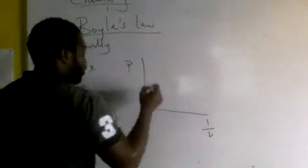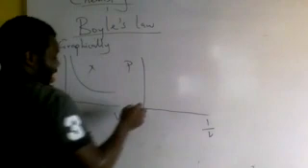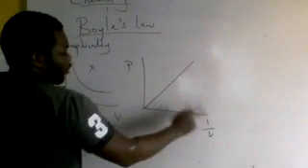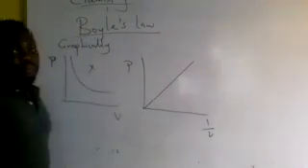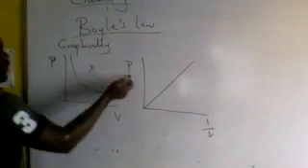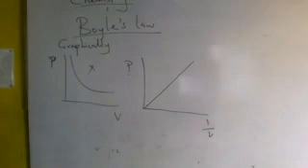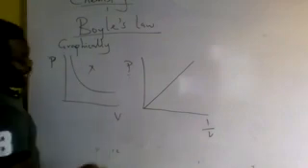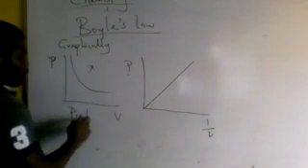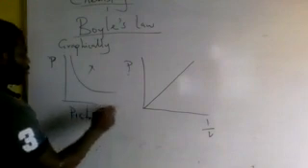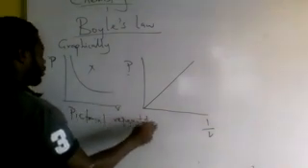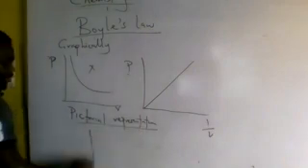So it's telling us that as this is increasing, 1 over V is also increasing. Of course, P is pressure and V is volume. For the pictorial representation, what you have is this.